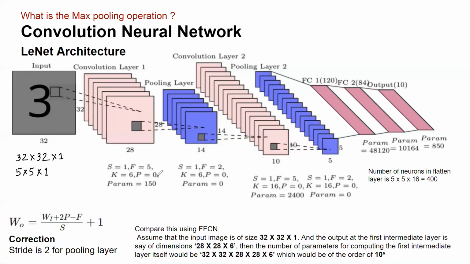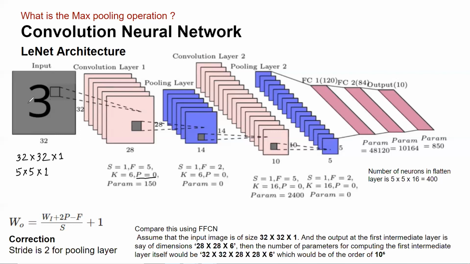Since I'm not using any padding, it is obvious that the output which I'll be getting after the convolution will have a smaller dimension compared to the input, because I won't be able to apply that filter on the corner pixels.